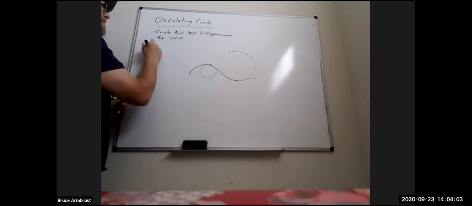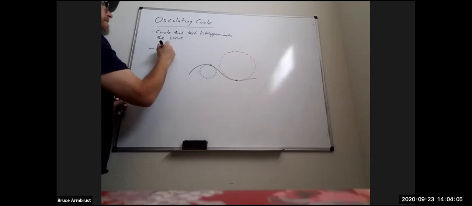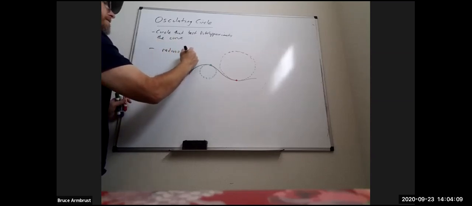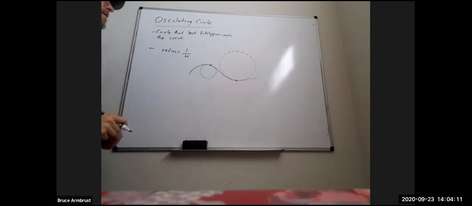And so it turns out that the radius of the circle is actually the reciprocal of the curvature. So as curvature goes up, the circle for the best fit gets smaller. Yeah, so the larger the K, the smaller the circle.